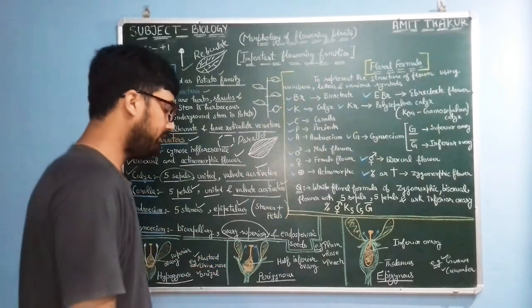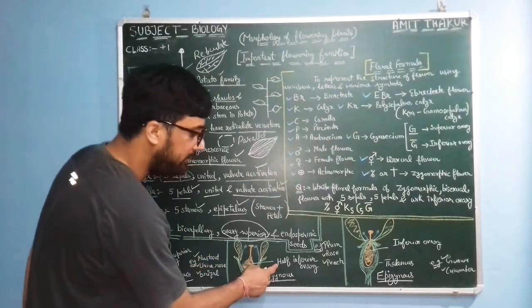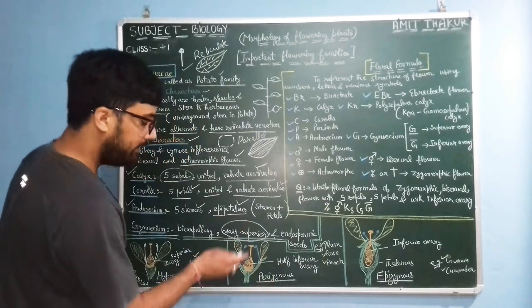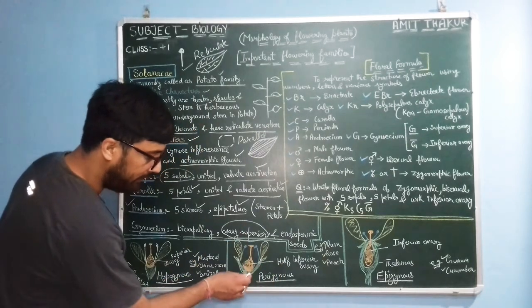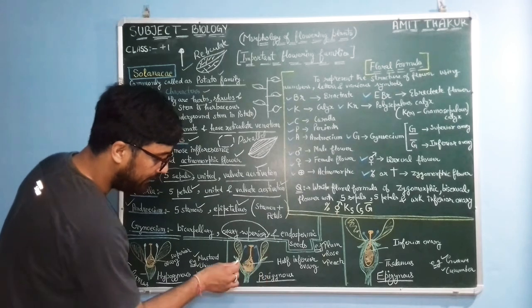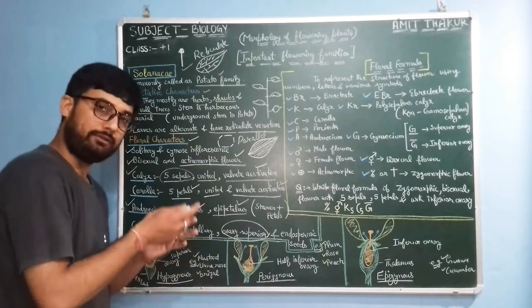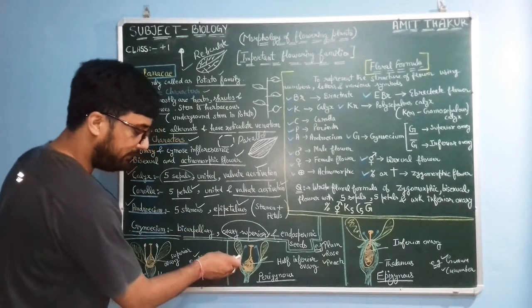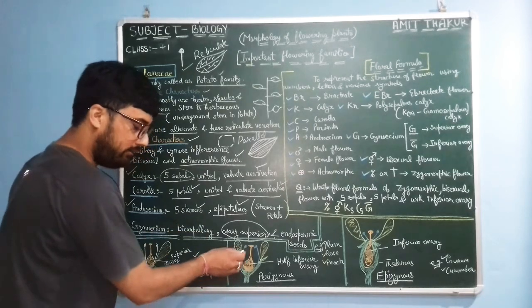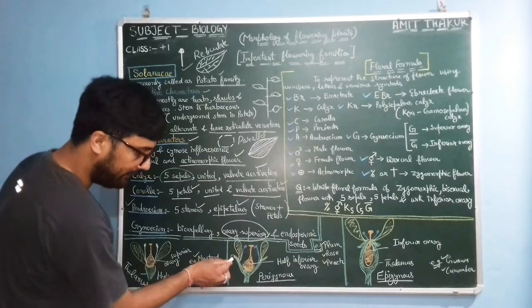In this case, this is a half inferior ovary. That means, you can see at the edge of this thalamus, except the ovary or the gynoecium part, all other parts, the sepals, petals and stamens, are present at the same level.